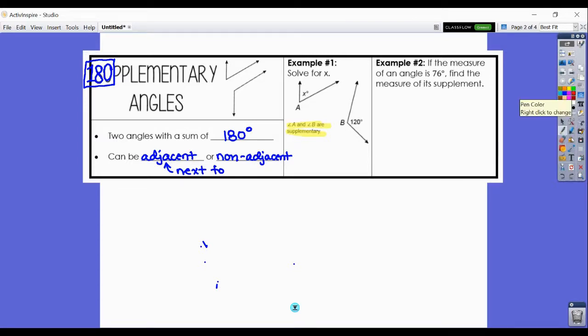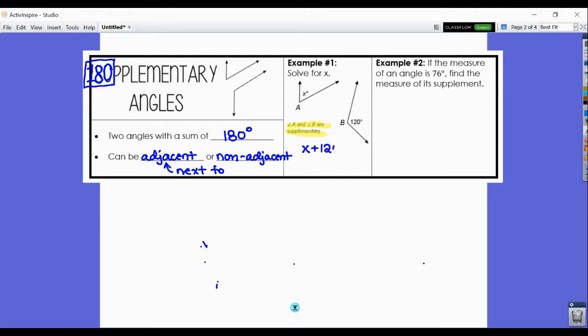We have x, the unknown angle A, plus angle B, which is 120, equals 180 together. Super easy, just subtract 120 from 180, and you will get x equals 60 in this case. So the measure of angle A will be 60 degrees.